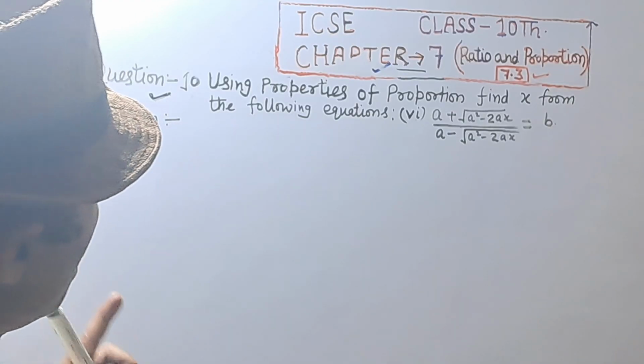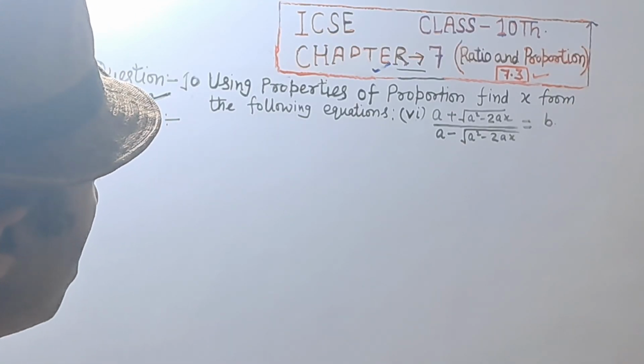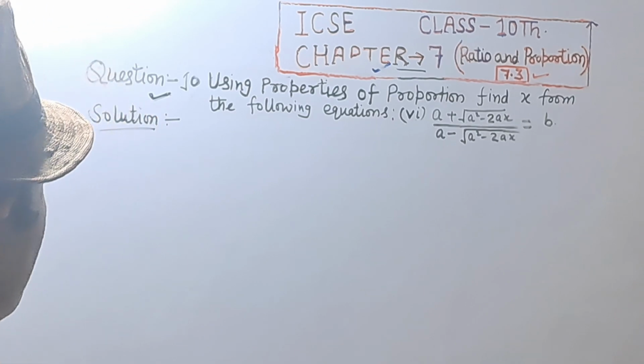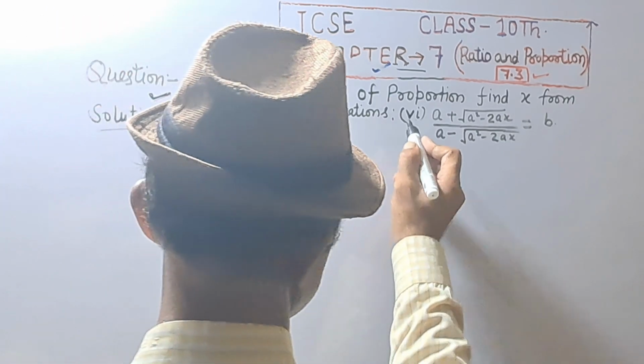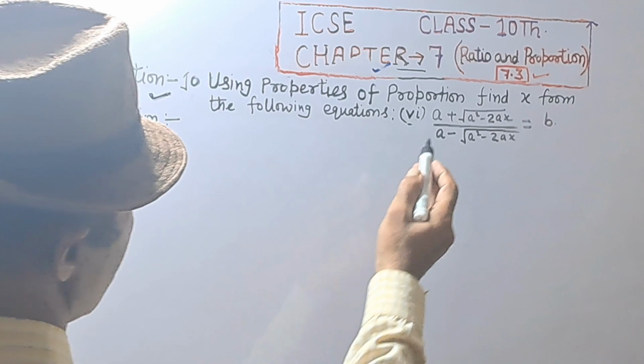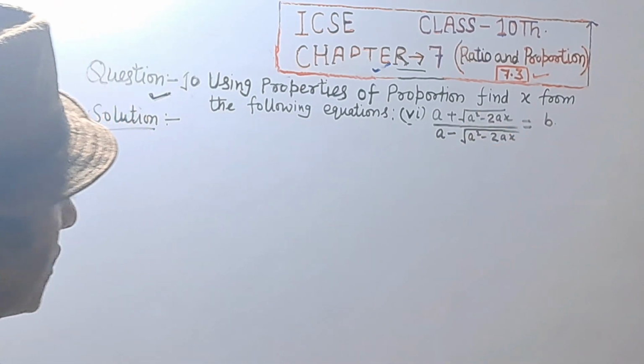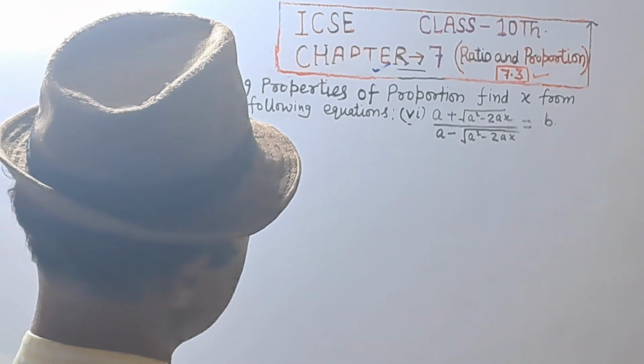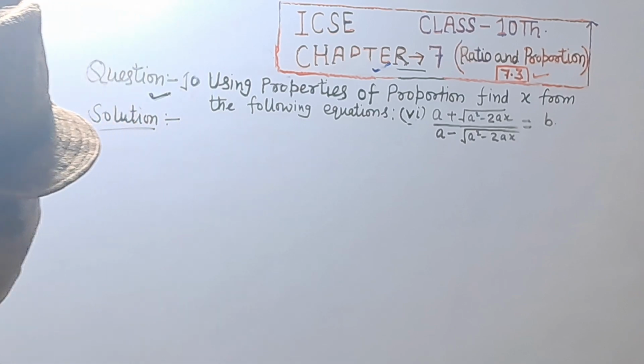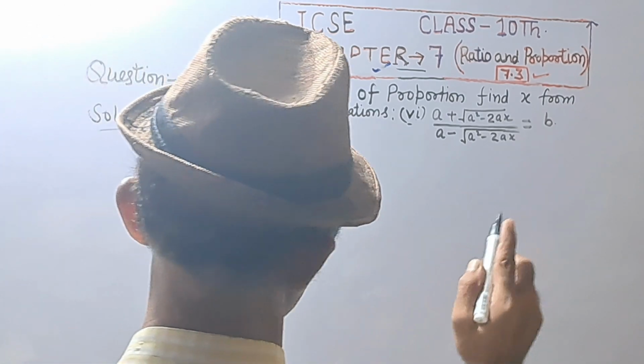Question number 10. Using properties of proportion, find x from the following equations. Sixth part. (a + √(a² − 2ax)) / (a − √(a² − 2ax)) = b.